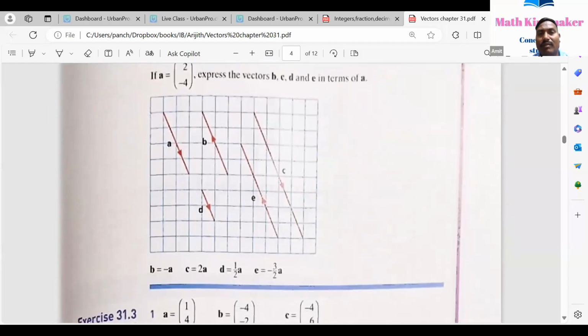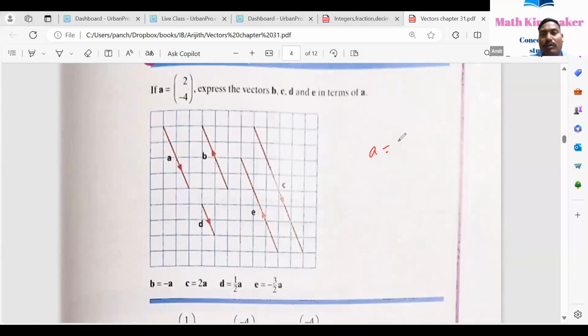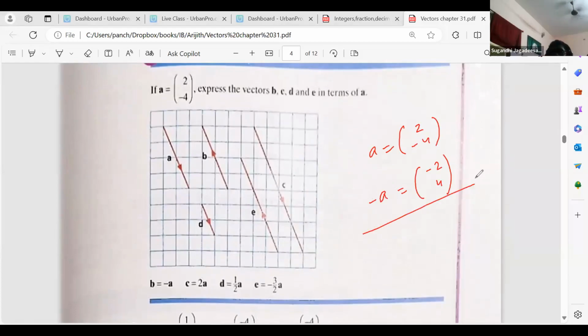So this is the multiplication of a vector by a scalar. You can multiply it by a negative number also. So if you multiply with minus 1, it becomes minus a. So if this vector a is 2, minus 4, your negative a would be minus 2, 4. All signs will be changed. If you represent this vector, it is -2 and 4.